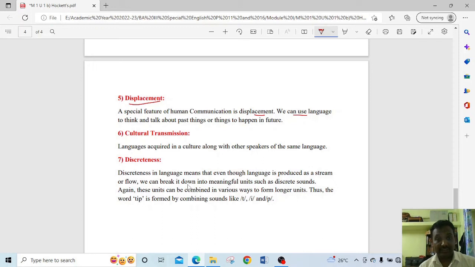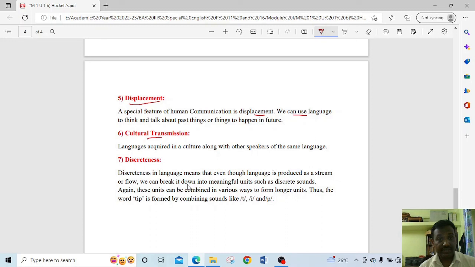You will not find this in animal communication systems, where, with a limited number of signals, cows or wolves or dogs are talking about what will happen to their species after 20 or 25 years. You won't find this kind of displacement in animal communication systems.